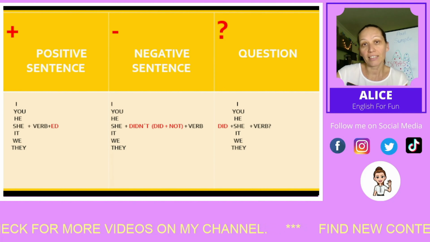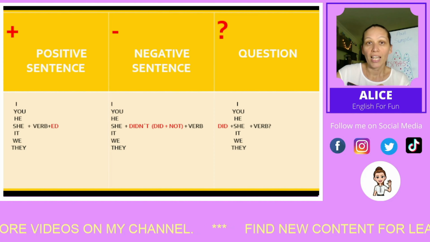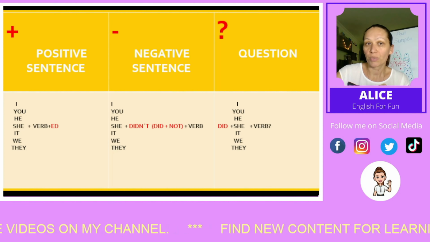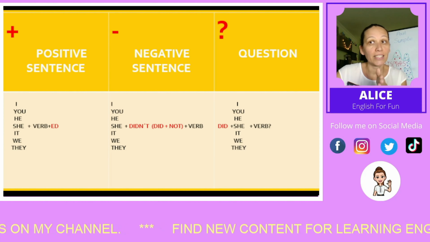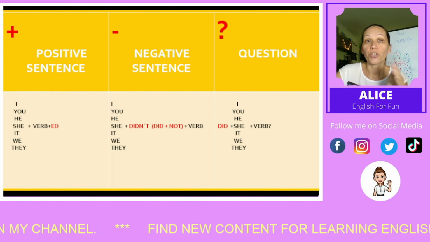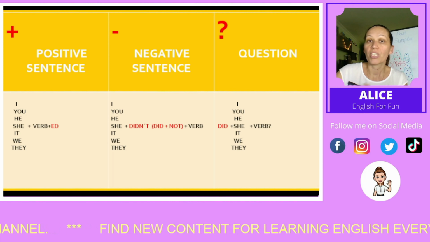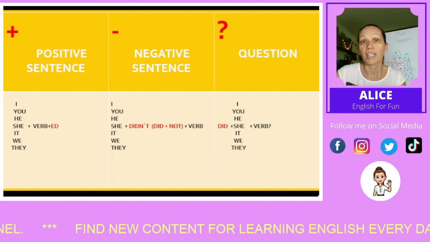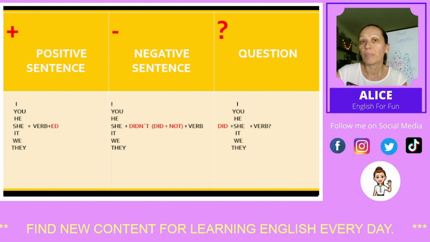Okay, in negative sentence, we use did not, and the short form of these two words will be didn't. I didn't and verb. You didn't plus verb. He didn't plus verb. She didn't plus verb. It didn't go. We didn't play.